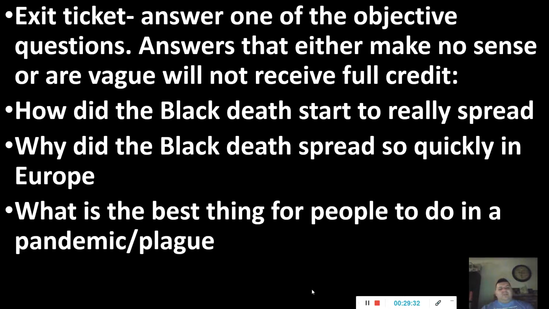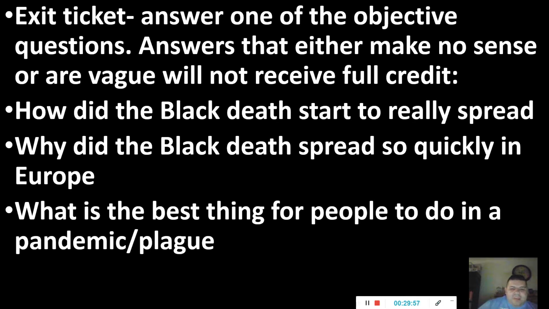All right, now we come to the exit ticket. So again, pick one of these three questions. How did the Black Death start to really spread? So how did it really spread? When did it really spread? Second one, why did the Black Death spread so quickly in Europe? Why did it spread so rapidly fast and hard hitting in Europe?